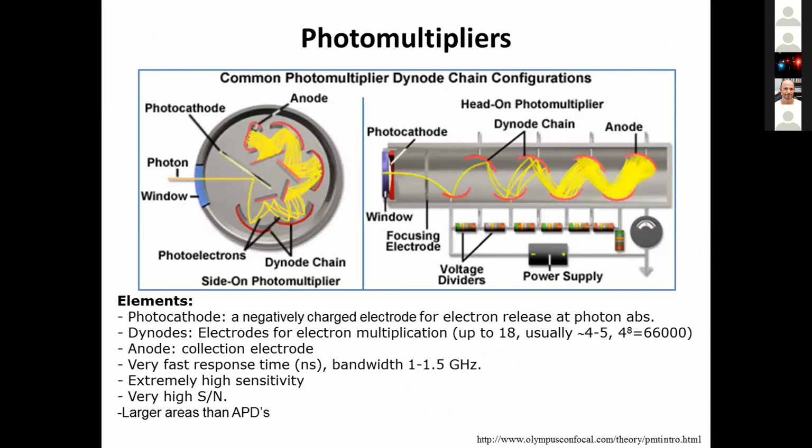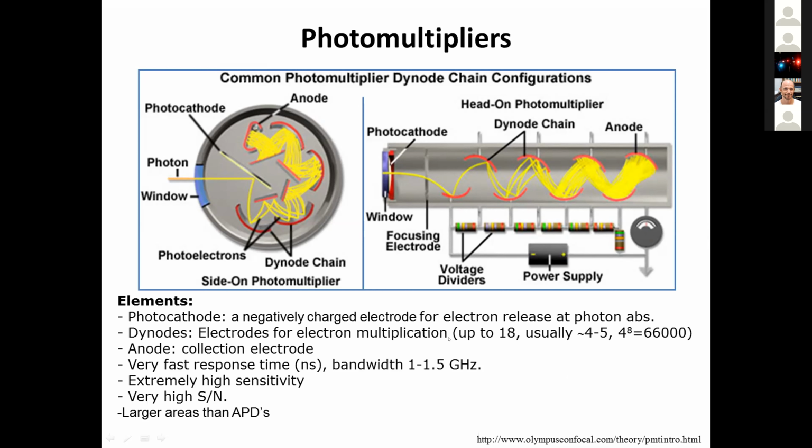So how do photomultipliers work? Well, we have a cathode and an anode, and then we have a series of dynodes, and basically this is under vacuum. When a photon hits the surface, it will produce photoelectrons, and after the photoelectron hits the successive dynode, it will amplify the release of new photoelectrons.